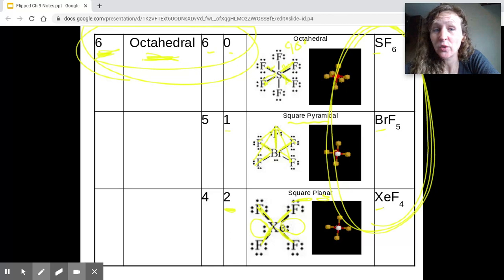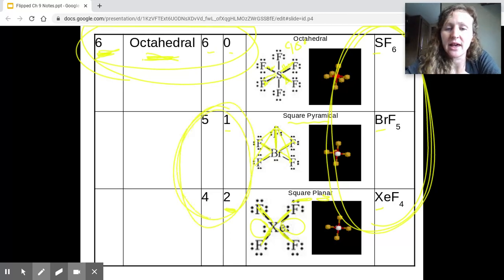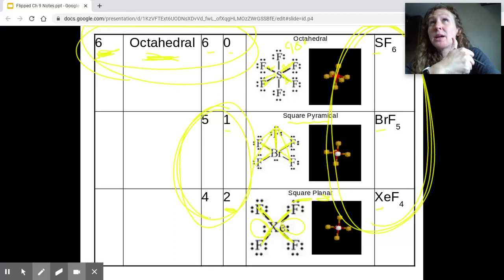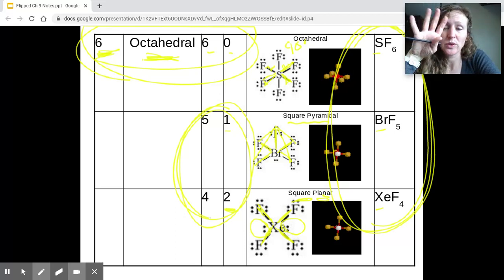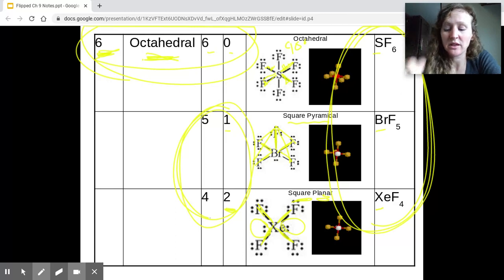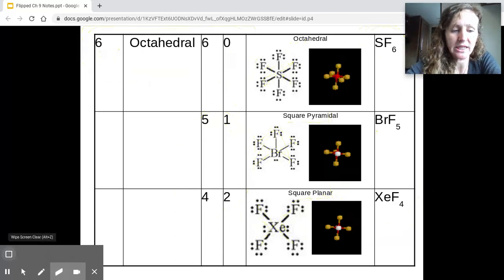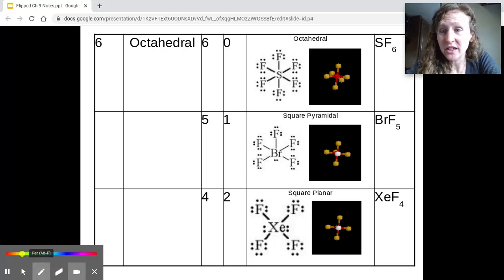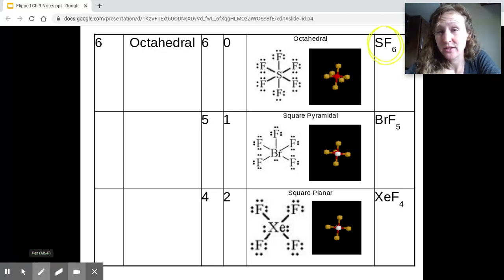Okay, so those are all the shapes you have to know. For 6 and 5, you don't have to know these more detailed versions, but you do need to be able to tell me the number. You need to be able to identify the number of electron regions of repulsion, or in this table they call them electron domains, around your central atom when you're given just the formula.